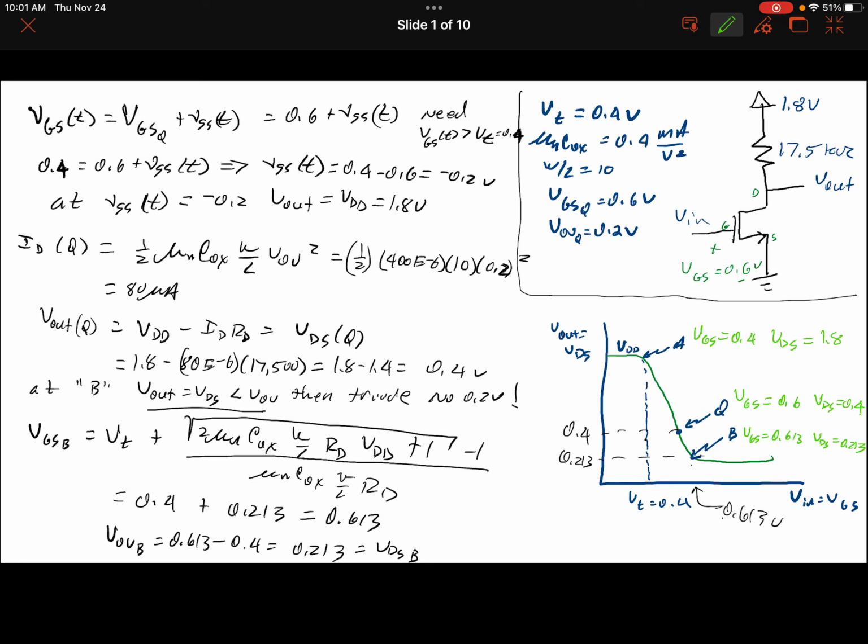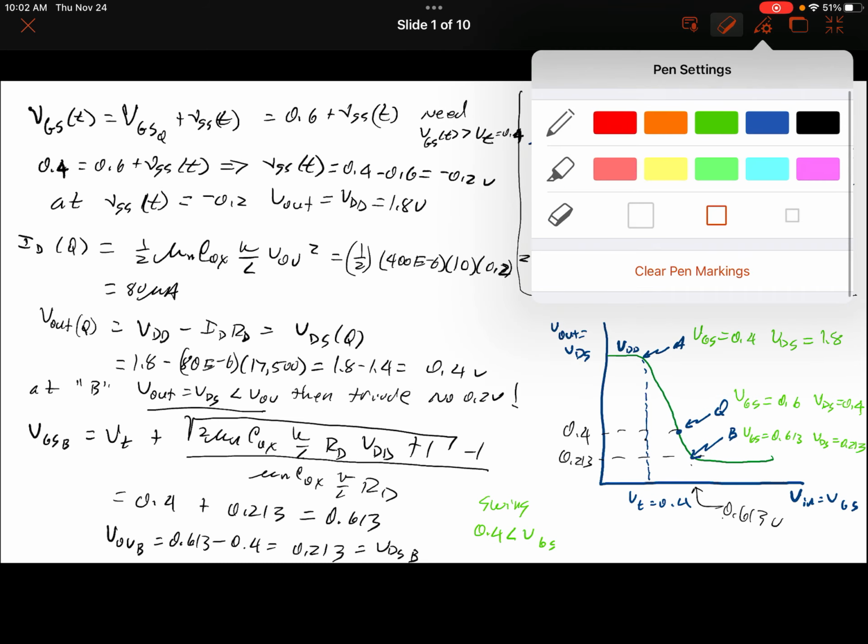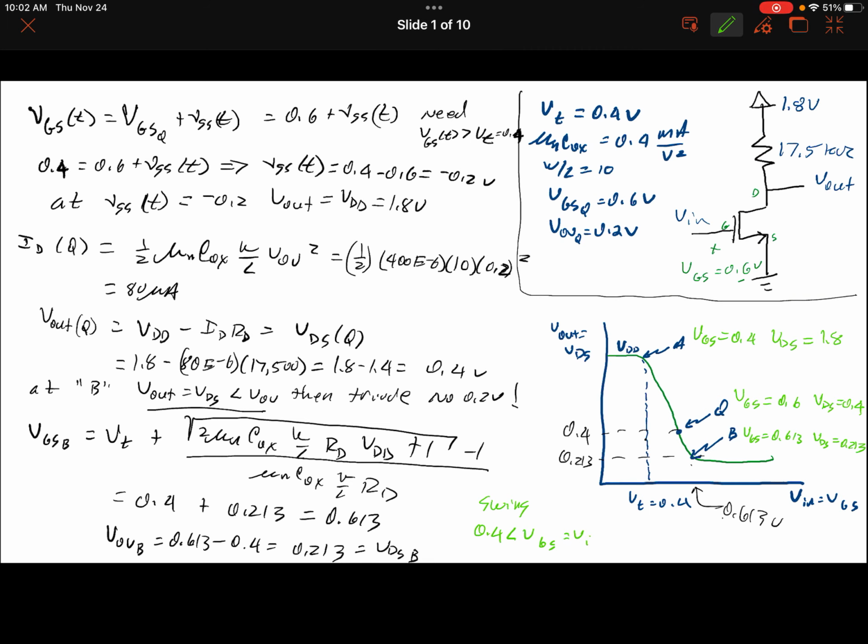So that would give us a swing where VGS would need to stay between 0.4, which equals Vn, and less than 0.613.